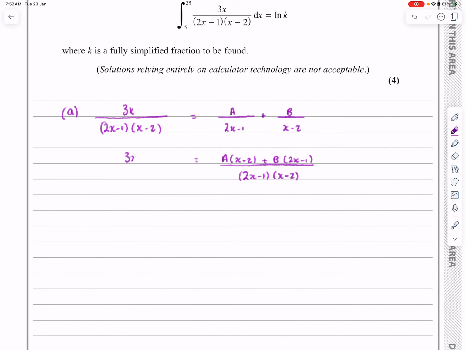Well, that's going to be the same as that left-hand side, so (2x minus 1)(x minus 2). So what that means is I can now equate the top lines, equate the numerators here, and so I get that 3x is equal to A(x minus 2) plus B(2x minus 1).